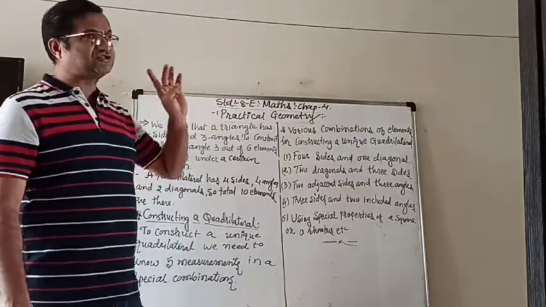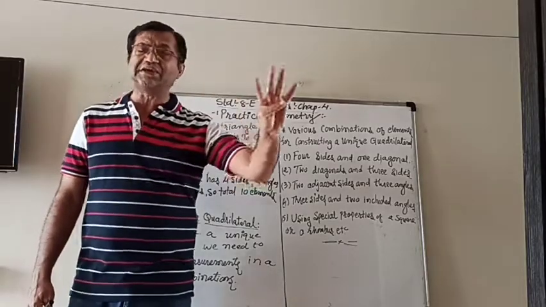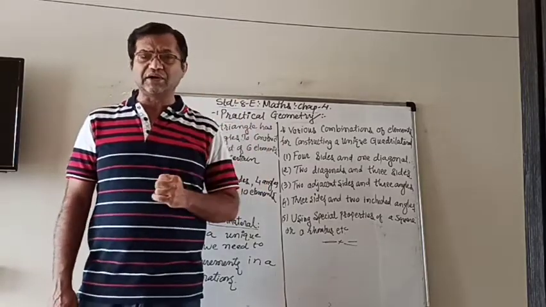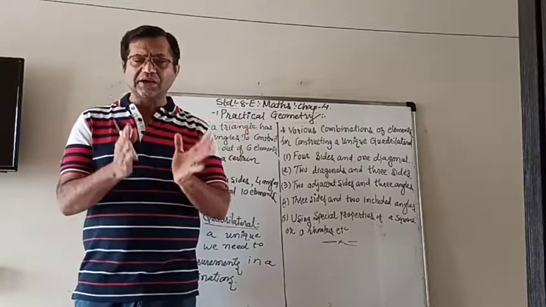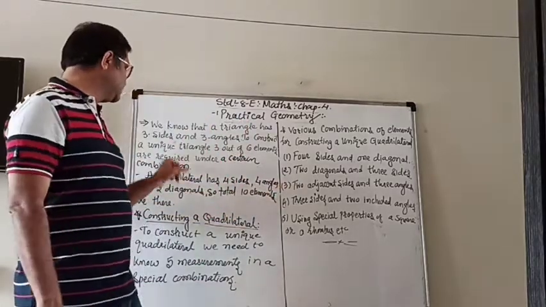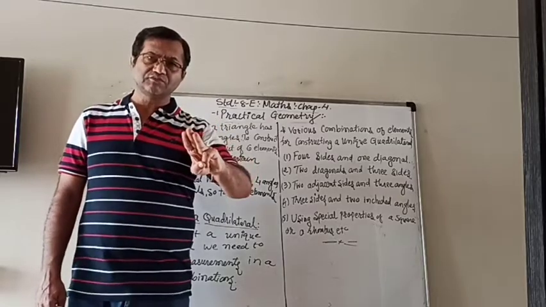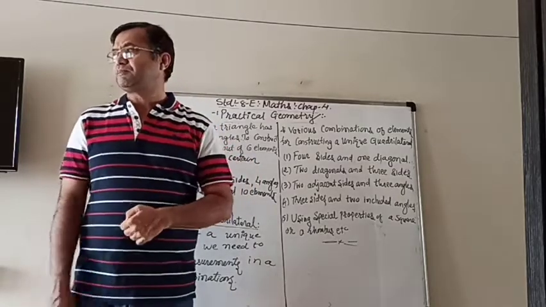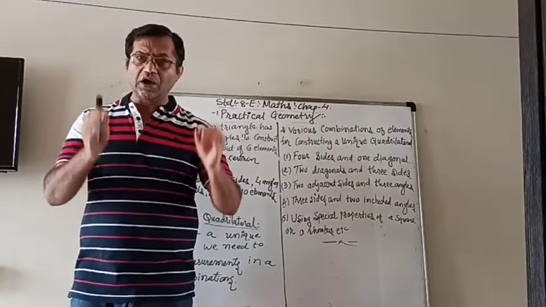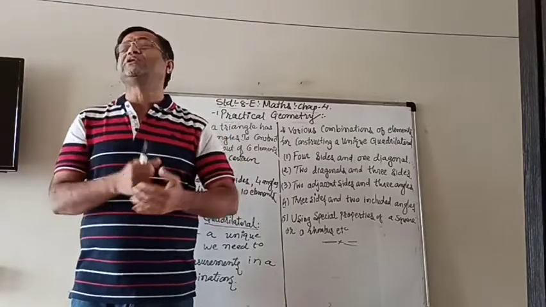Now in triangle we saw that if any 3 elements are given, not any 3 actually, according to a certain combination, if 3 elements are given with a certain combination, then we can draw a triangle uniquely.